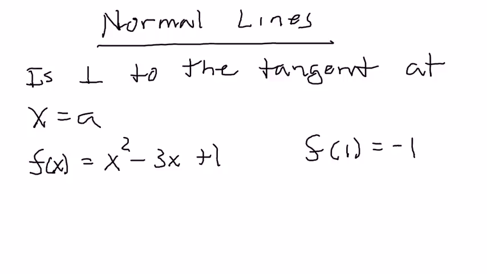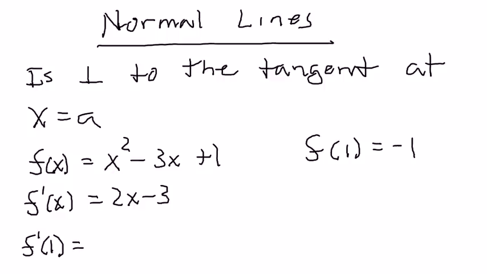Okay, so the derivative of this function, f prime of x, is equal to 2x minus 3. f prime of 1, put 1 in here and I get negative 1. So the slope of my tangent line would be negative 1. The slope of my normal line would be perpendicular to this, which would be the opposite reciprocal, or positive 1.